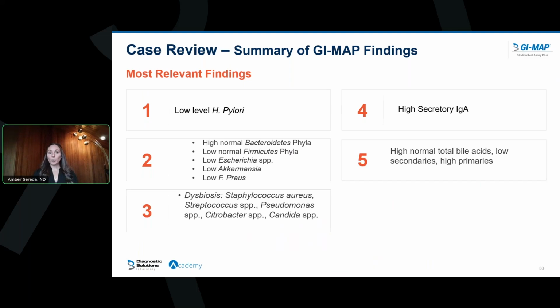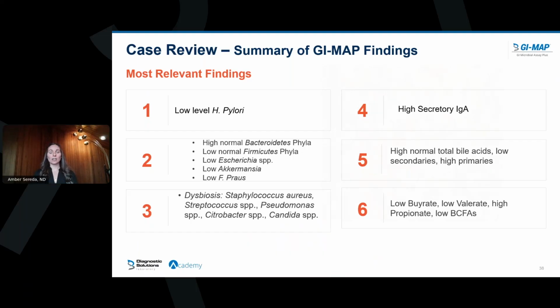In our StoolOMX portion, we had high total bile acids, overall low secondaries, and high primaries. And then again, our overall picture of our short chain fatty acids was low. We did have that high propionate, which could be from the high Bacteroides phyla and or the fast transit.